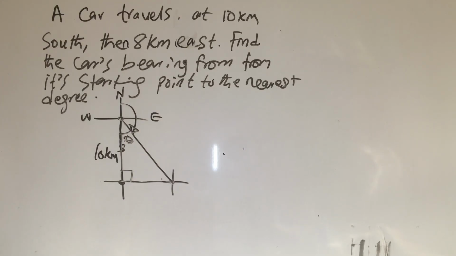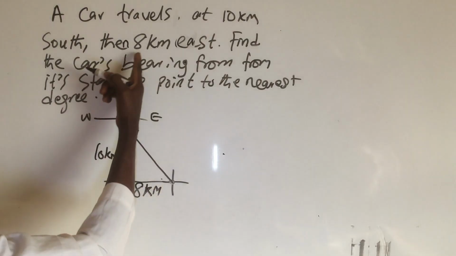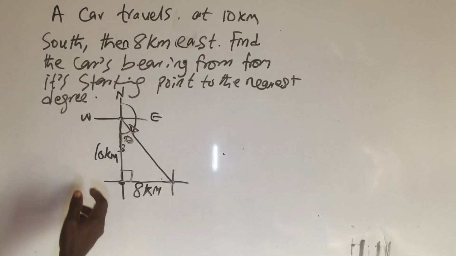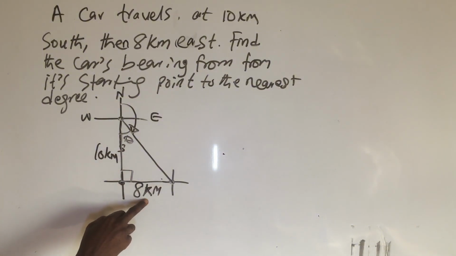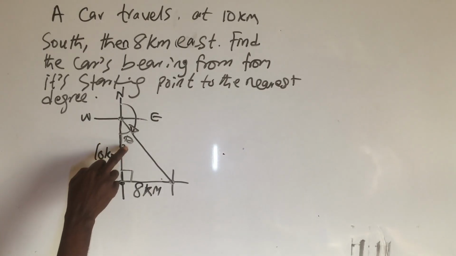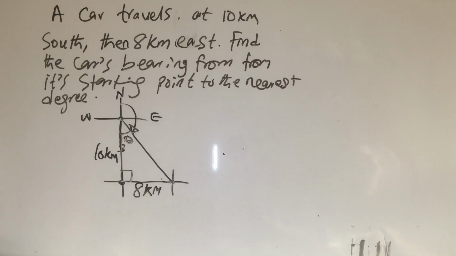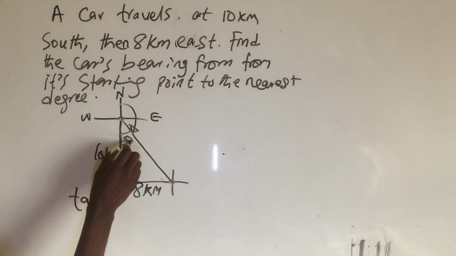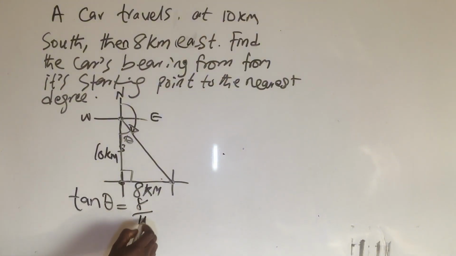We already have 8 kilometers, where the car moved. Since we have this angle, the opposite to this angle is this line of 8 kilometers, and the adjacent to this angle is here, 10 kilometers. What type of trigonometric ratio will we use concerning the information we have? It is tan. Tan of this theta we are looking for equals opposite, which is 8, over adjacent, which is 10.